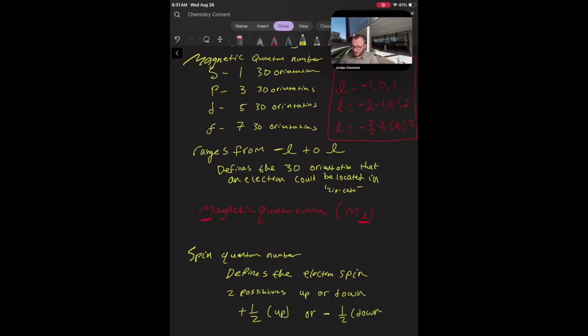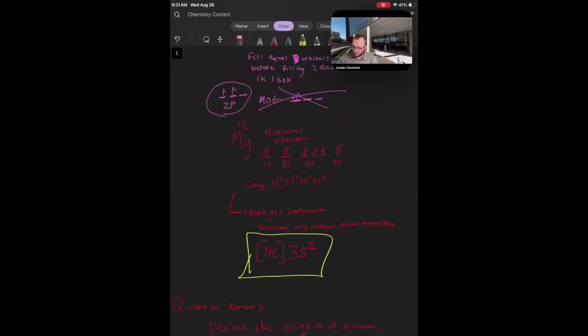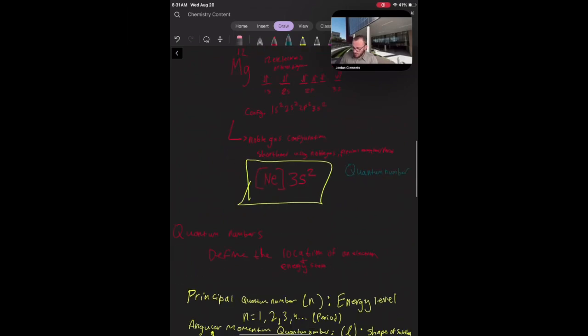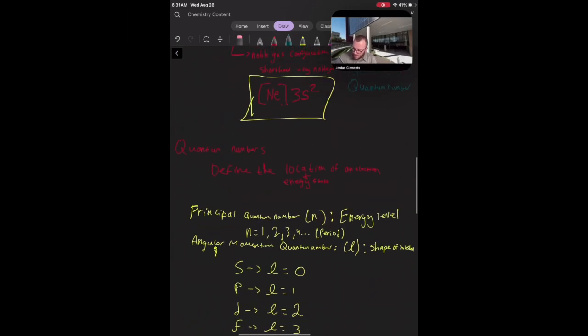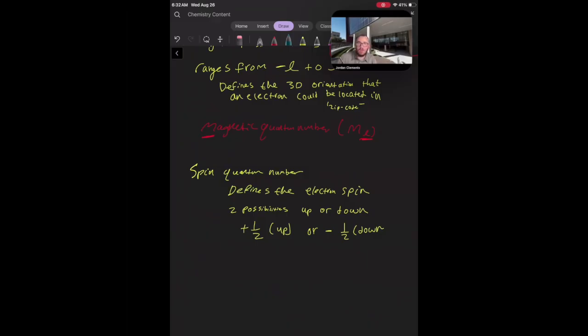So if we look back at our example of magnesium, let's try and define quantum numbers. Our possible numbers are n, l, m sub l, and our spin number is m sub s.